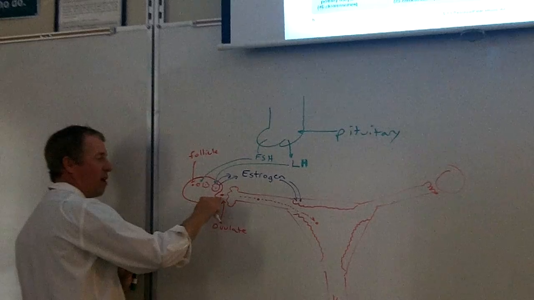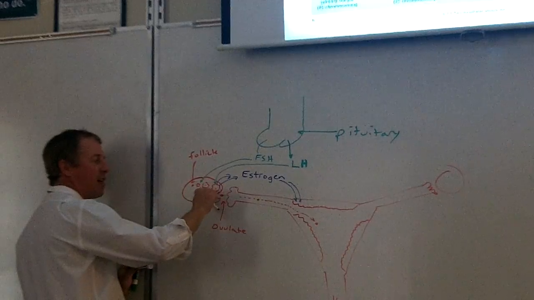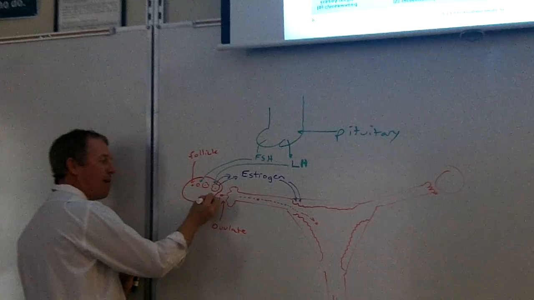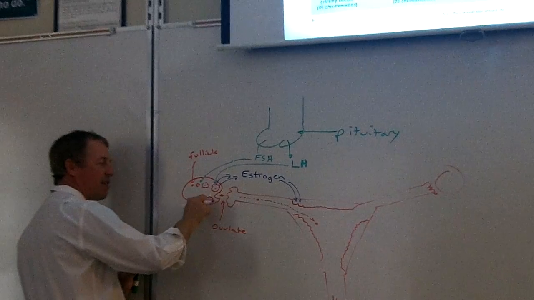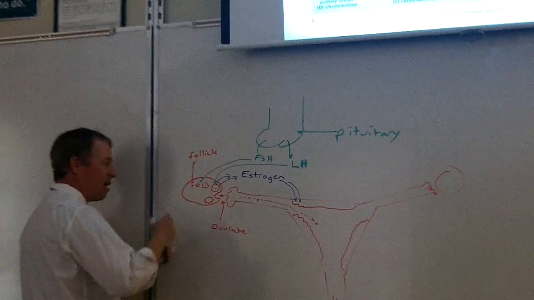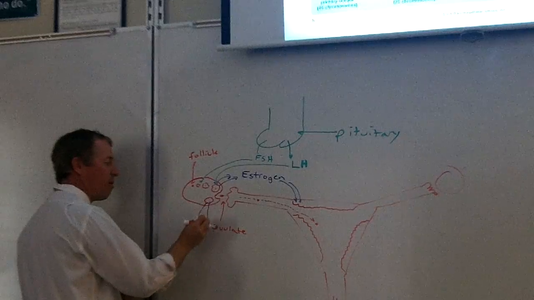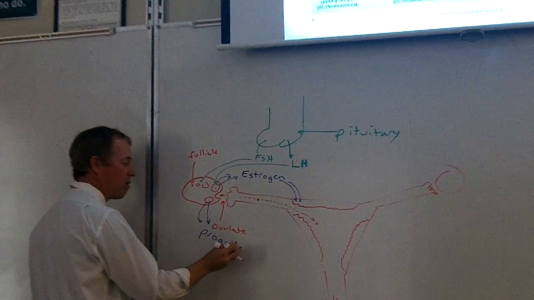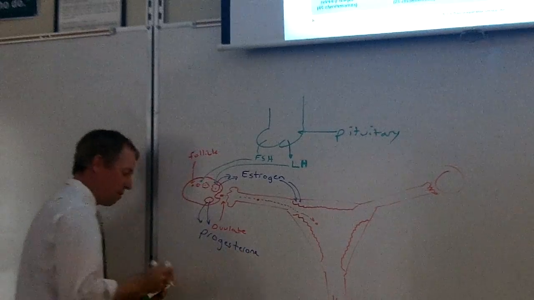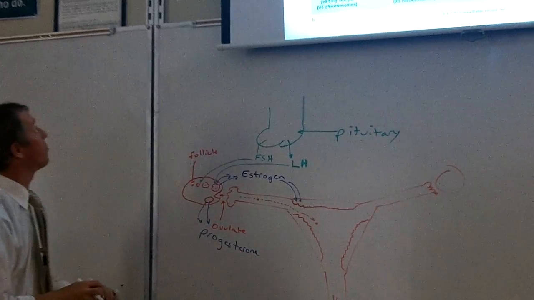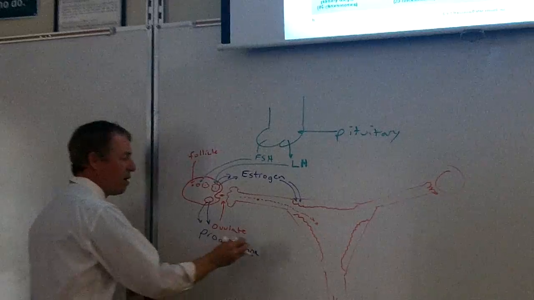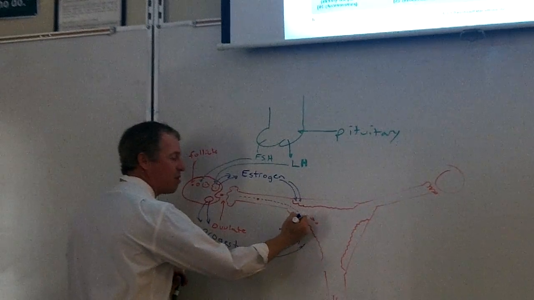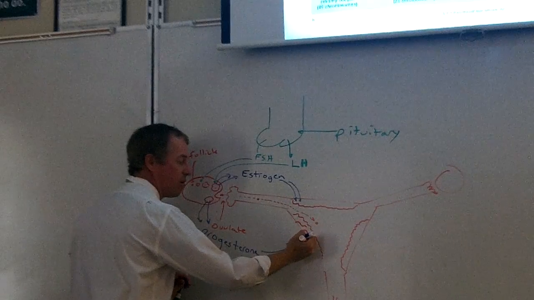And we're not done. The follicle is not done. These cells that were releasing estrogen, they remain even after the egg is released. The follicular cells remain, and they squirt out another hormone called progesterone. And the progesterone tells the walls of the uterus to grow a bunch of blood vessels in them.